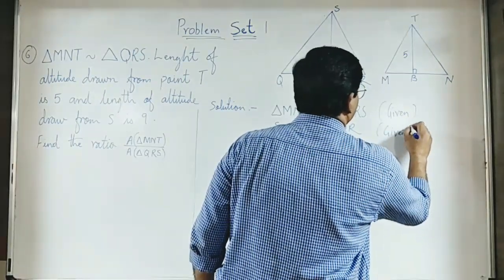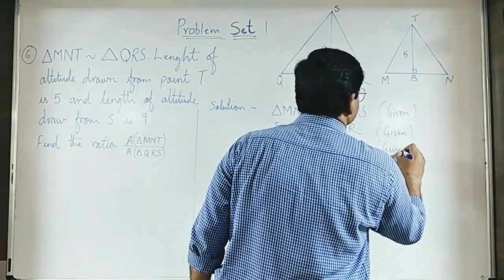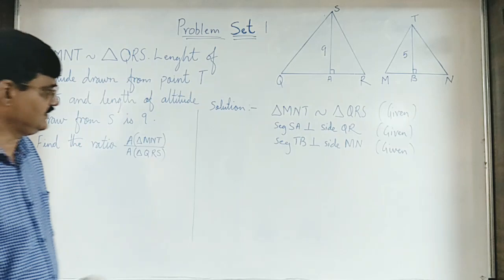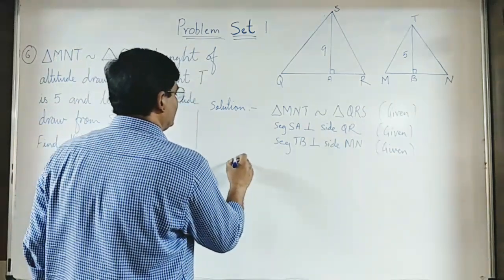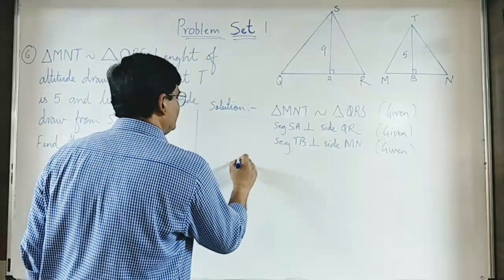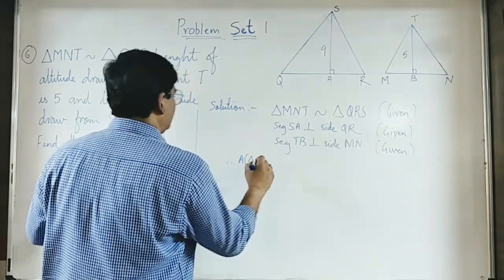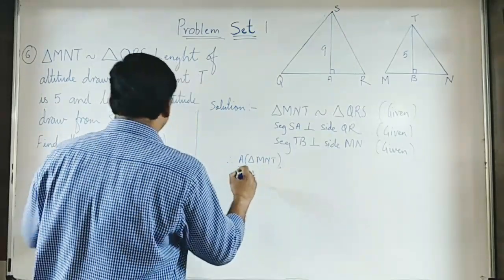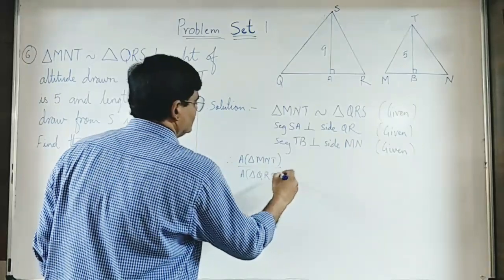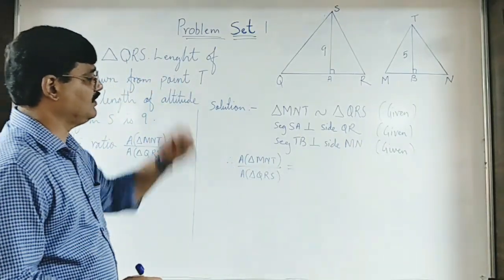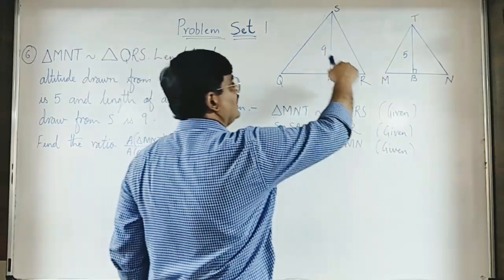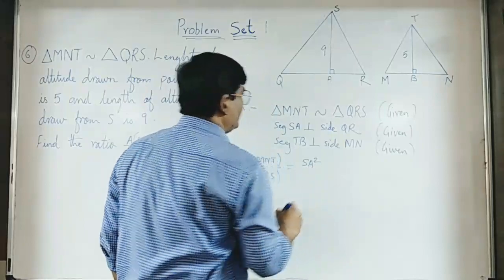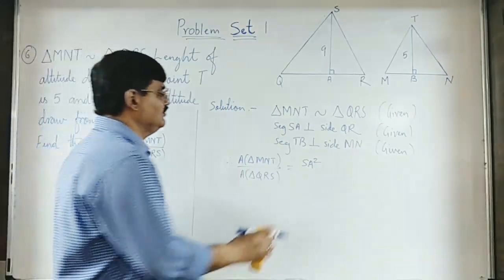Now I'll apply the theorem on areas of similar triangles. Therefore, area of triangle MNT upon area of triangle QRS is equal to the ratio of the squares of their altitudes.